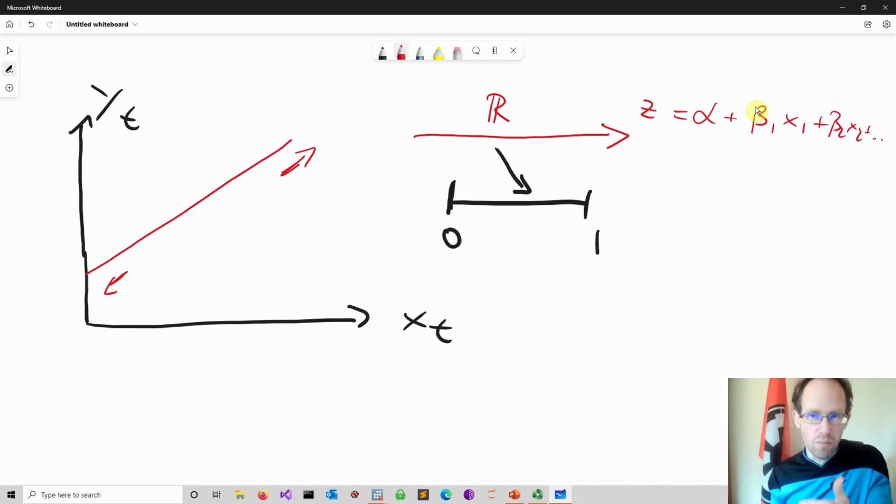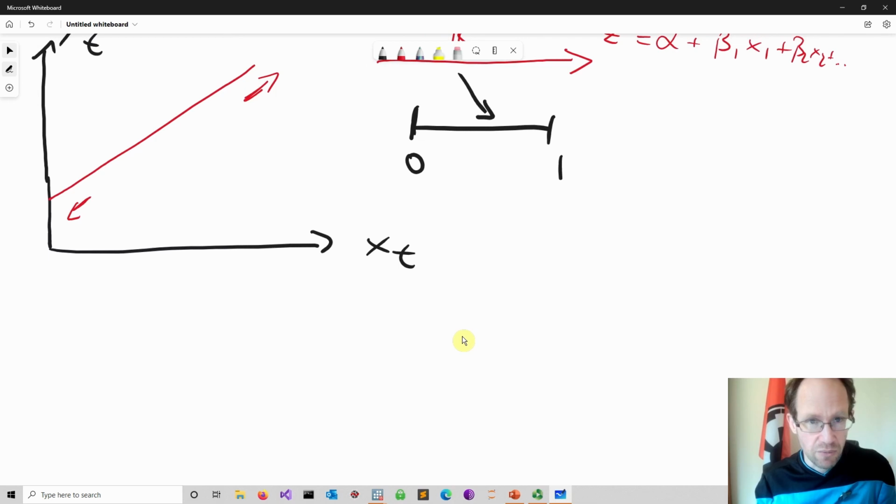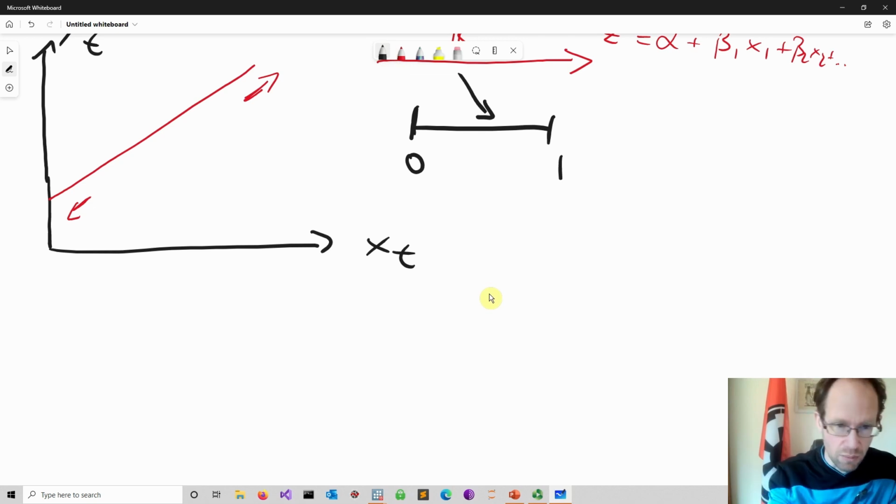So how can we move from this model to a constrained interval? Now, there are different ways of approaching this. One way is to use a logistic regression. So in a logistic regression, we transform our model as follows.